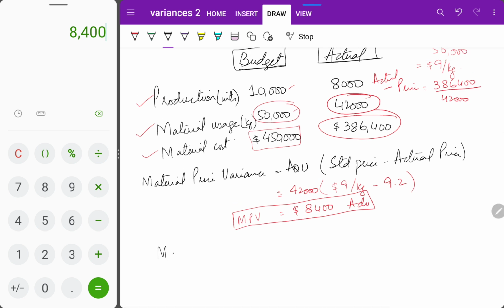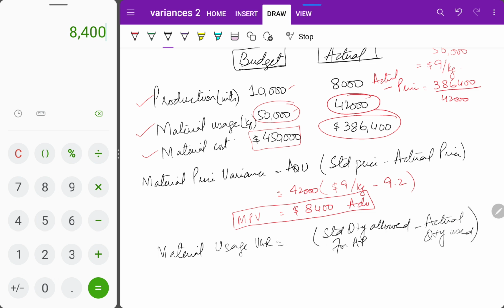For the calculation of material usage variance, we have to consider standard quantity allowed for actual production minus actual quantity used, into standard price. Standard quantity allowed for actual production means how many kilograms are allowed for the manufacturing of the actual production.